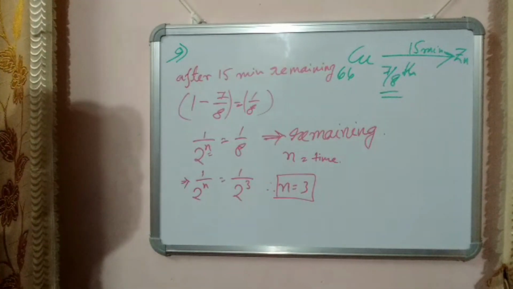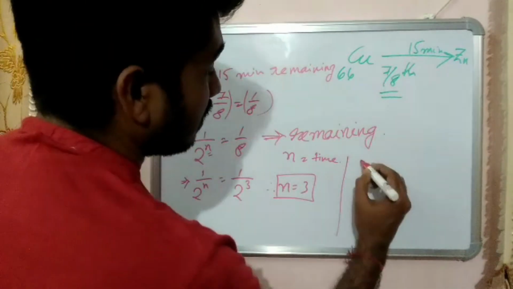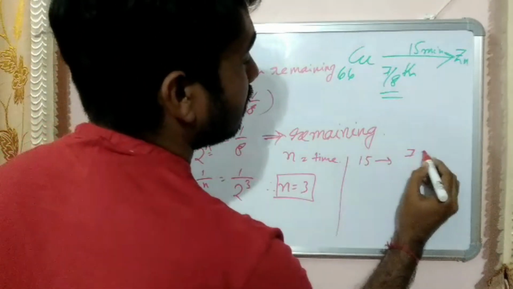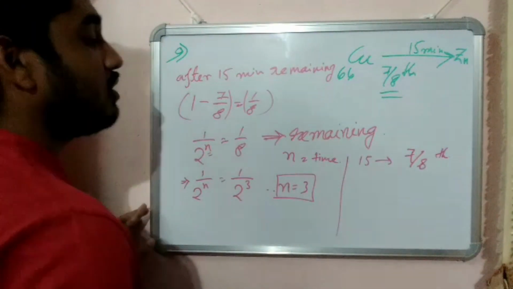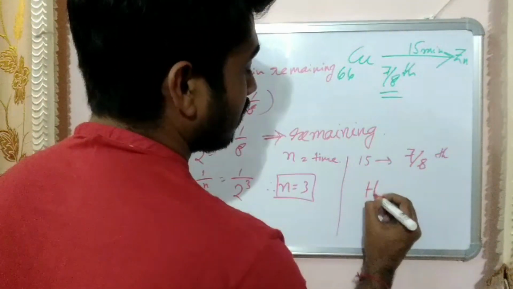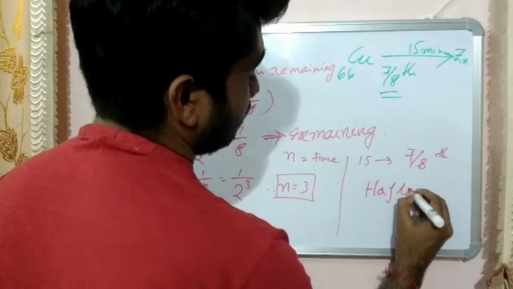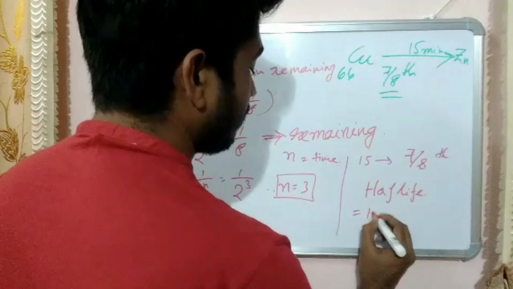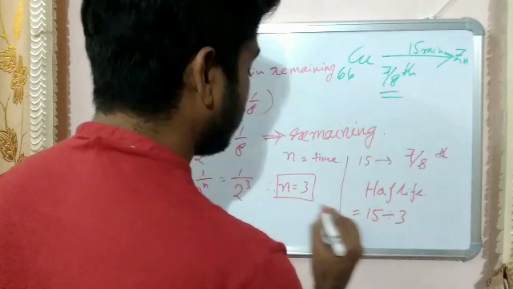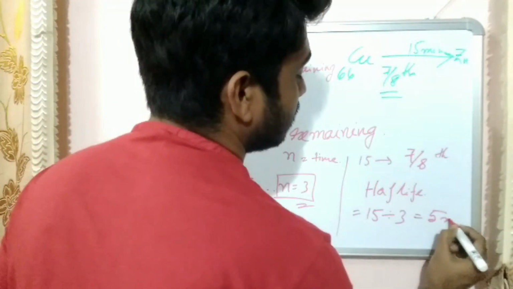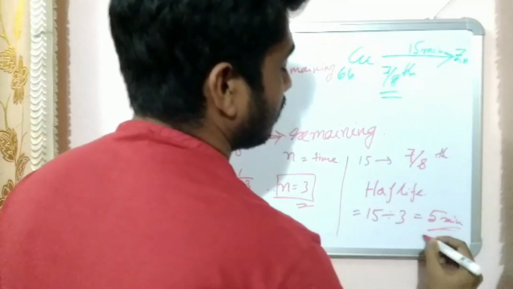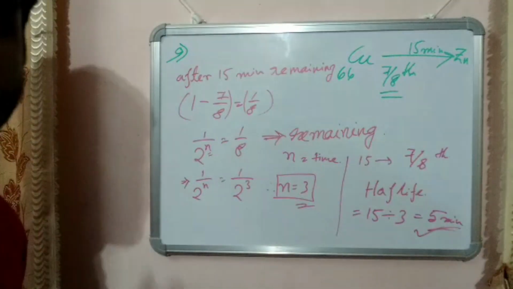We get it. So in 15 minutes 7/8 part is decaying. So the half-life will be 15 divided by 3, and it is equal to 5 minutes. Okay, very easy question.